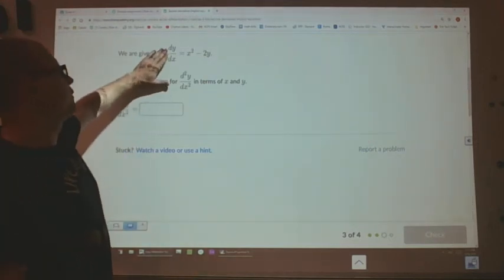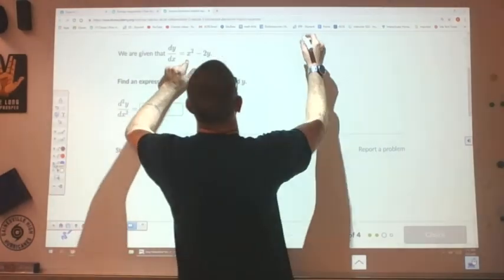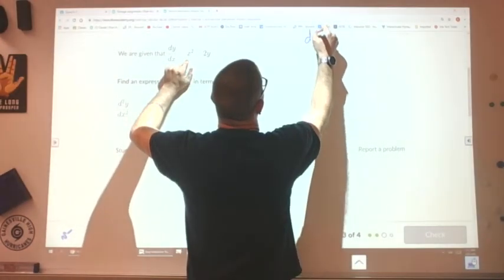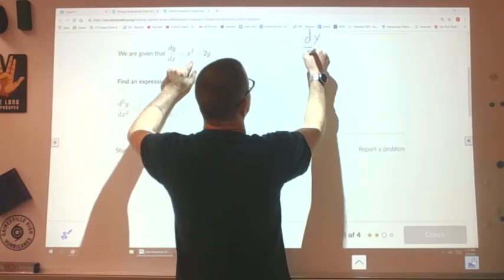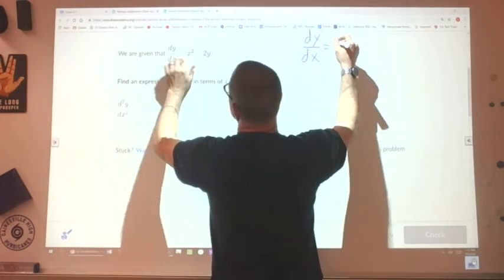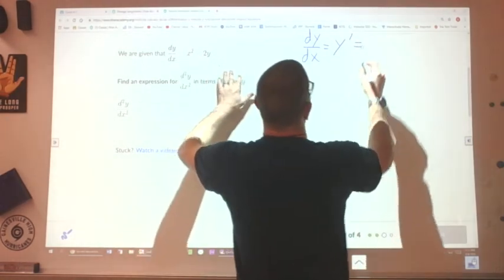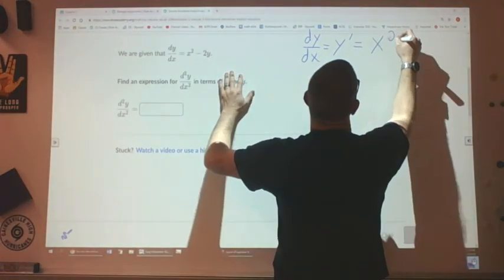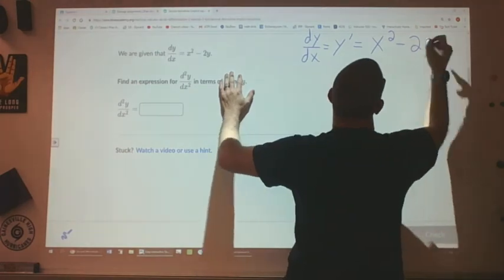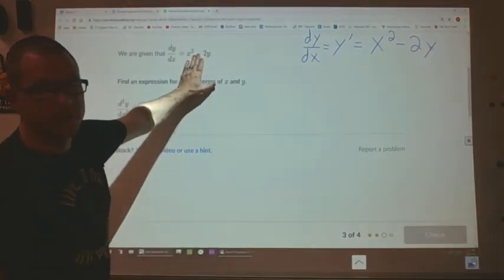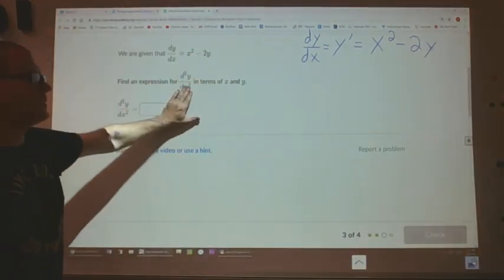We are given the first derivative. So in this case, dy over dx, which is the same as saying y prime, is equal to x squared minus 2y. So be careful. They're giving you the first derivative and then asking you about the second derivative.